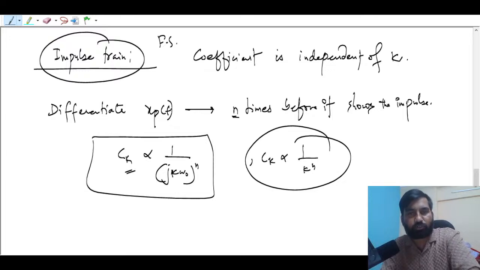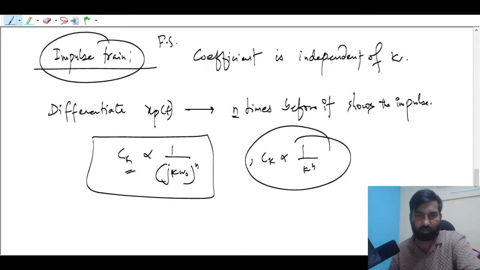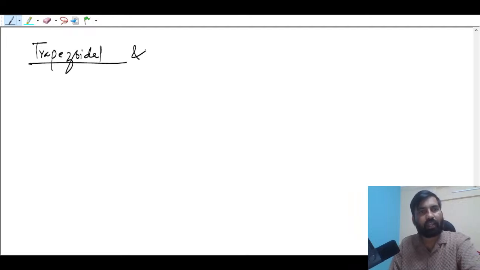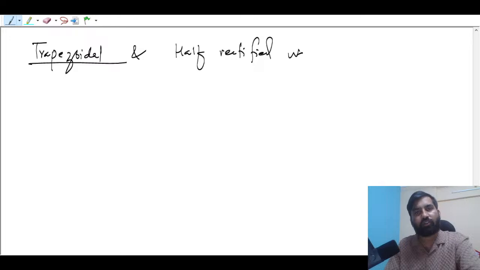Suppose you have a trapezoidal waveform or a half rectified sinusoid.